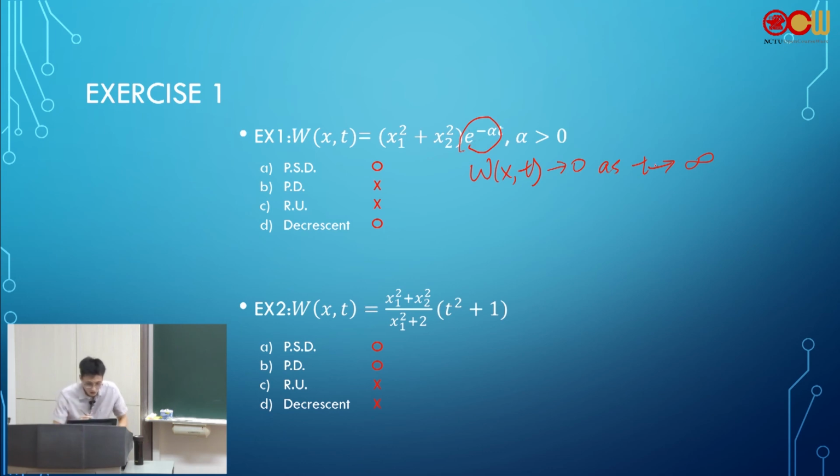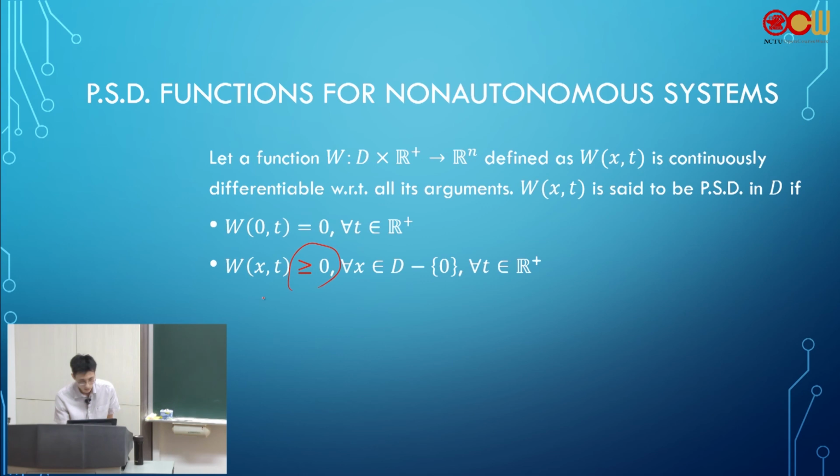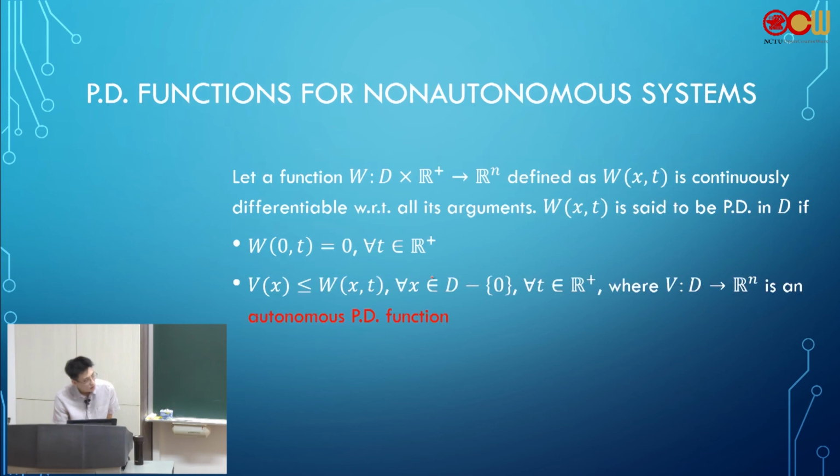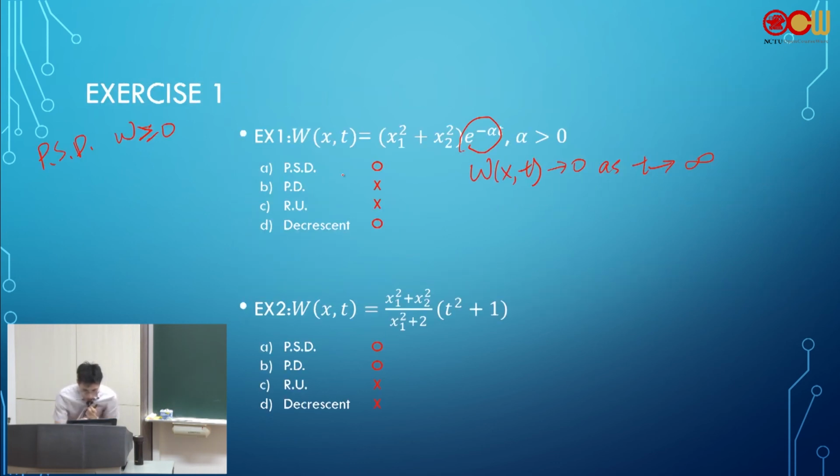That satisfies the condition, because based on the previous definition, for W to be PSD, it has to be lower bounded by 0 for any x, even when it's not at the origin. So it's PSD for sure.